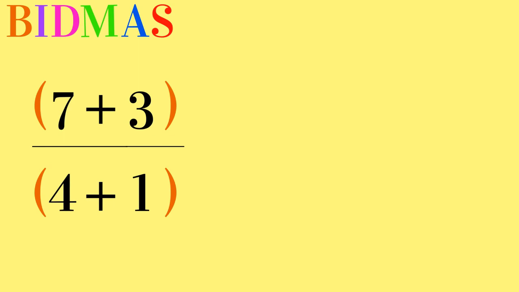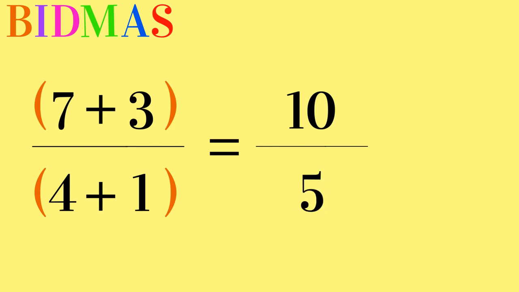In this case, 7 add 3 is 10, so the first bracket is 10, and 4 add 1 is 5, so the second bracket is 5. This gives us 10 divided by 5, which gives us the answer 2.